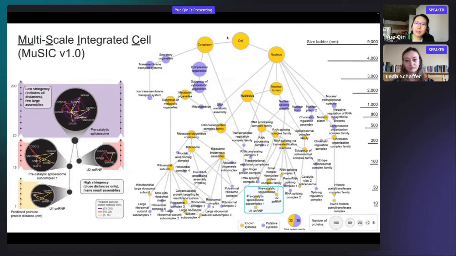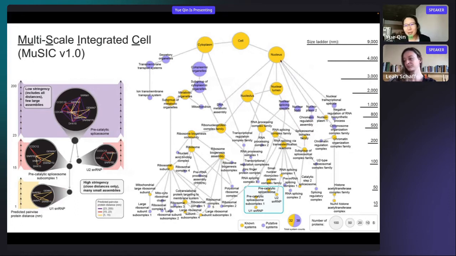Here we represent MuSIC similarly in network form. However, the difference is that the nodes represent, instead of individual proteins, a protein community. Each node contains a group of proteins assigned to it, and the edges between the nodes represent the containment relationships between these communities.